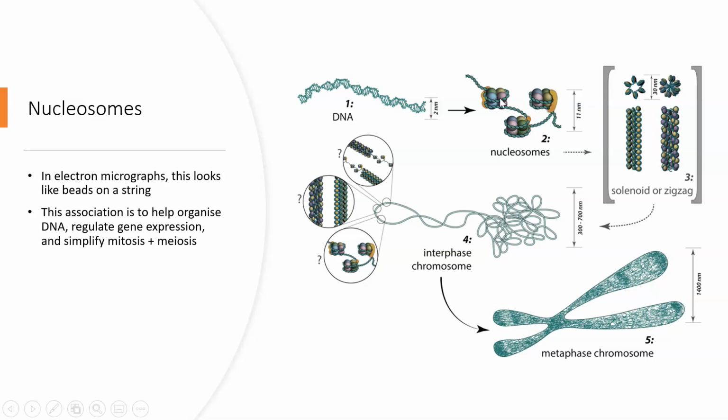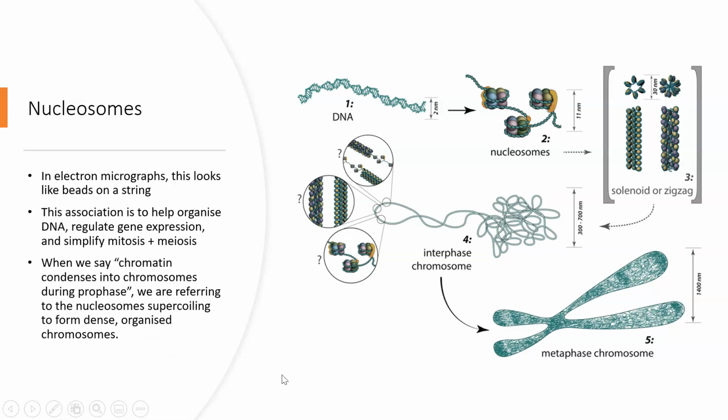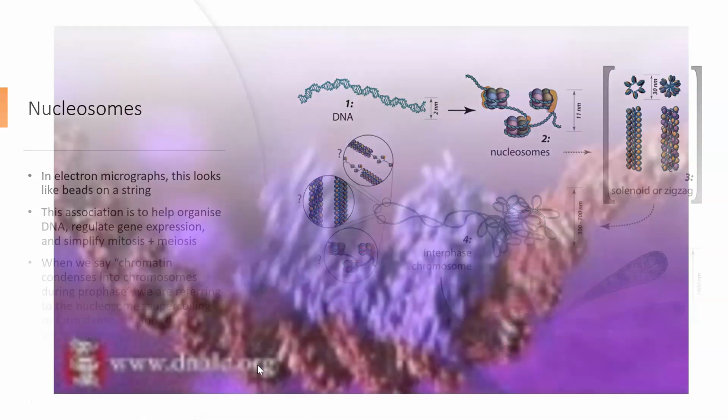If we didn't have nucleosomes for our DNA to condense around, then replication wouldn't be able to occur because the DNA would be all intertwined together. When we say chromatin condenses into chromosomes during prophase, what we're actually referring to is nucleosomes supercoiling to form dense, organised chromosomes.